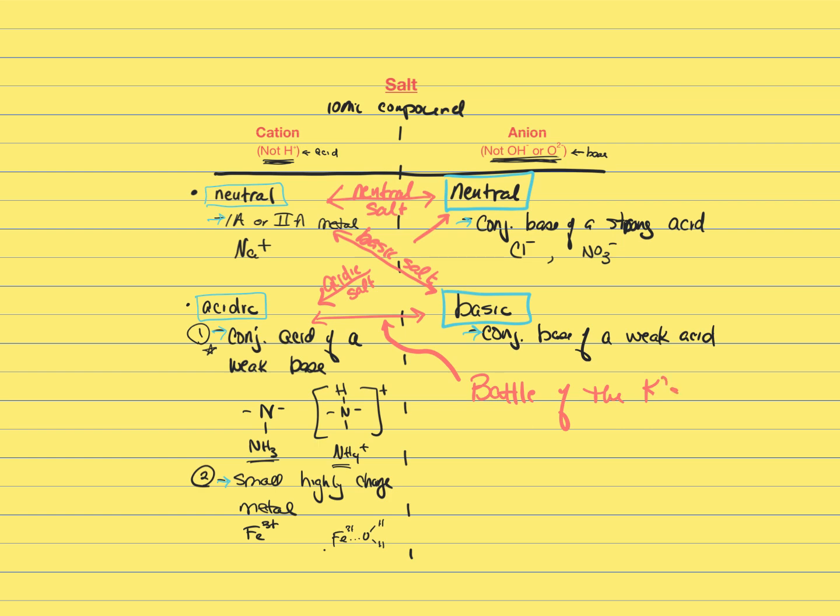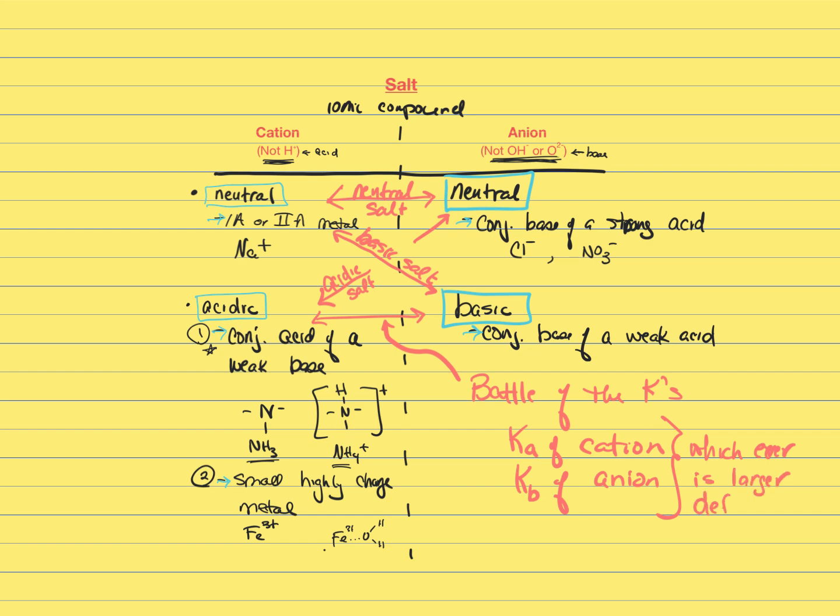What do I mean by that? We would look at the Ka of the cation and compare it with the Kb of the anion, and whichever is bigger wins.